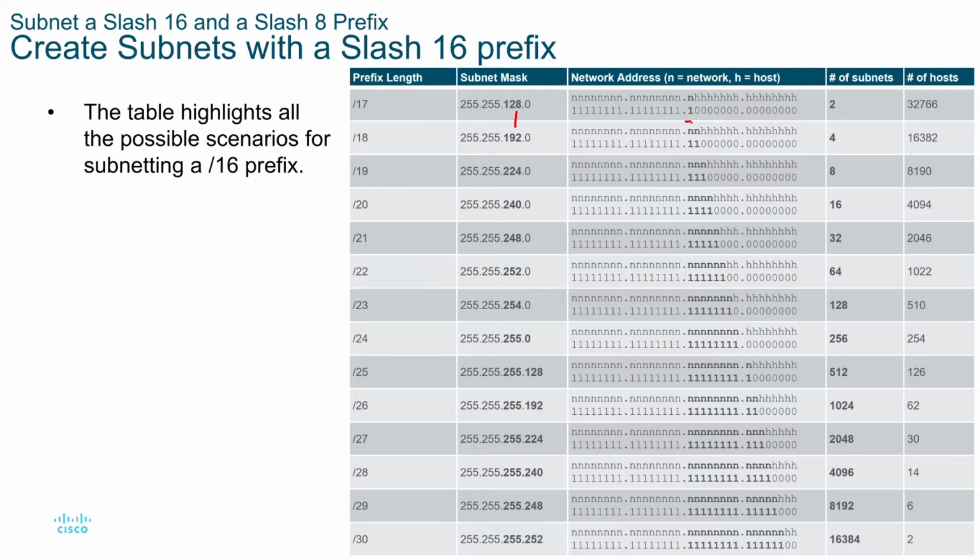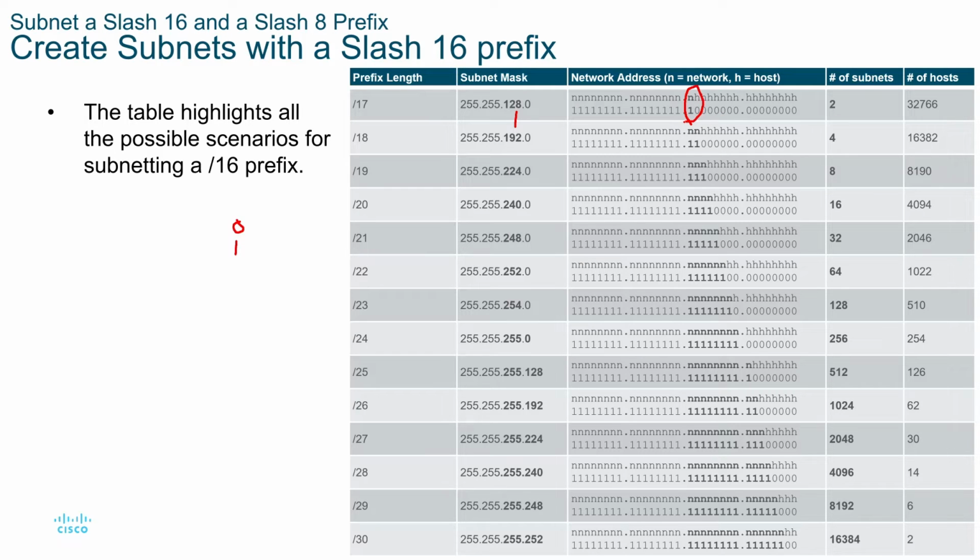If we look at just the subnet bit, because we've borrowed 1, that could either be a 0 or a 1. The subnet mask just indicates that is part of the network portion.